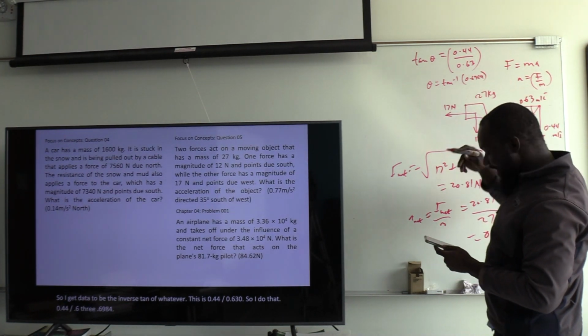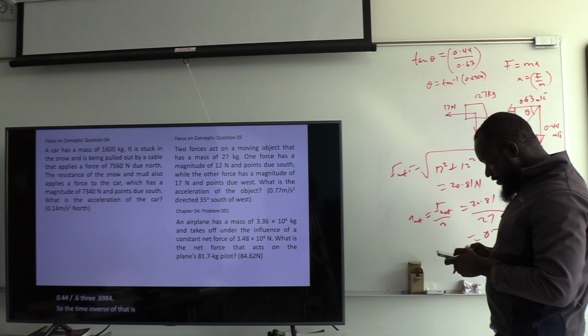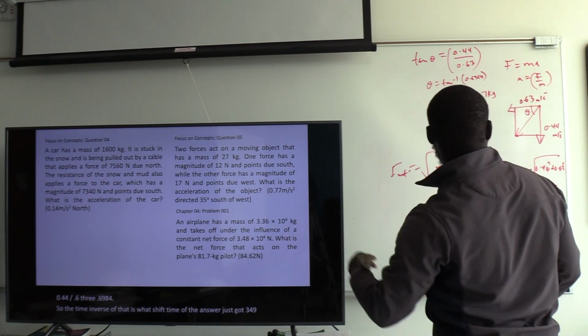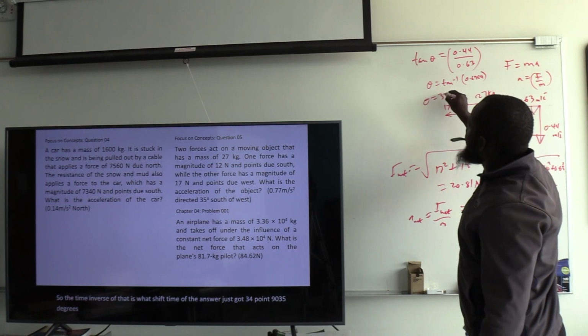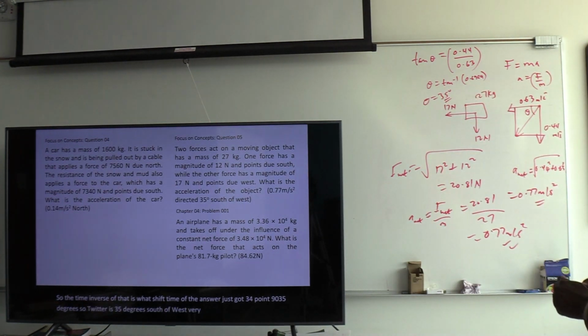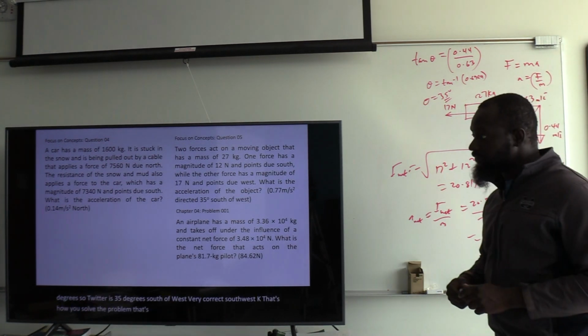The tan inverse of that is 34.93 degrees, about 35 degrees. So theta is 35 degrees south of west. Okay, that's how you solve this problem.